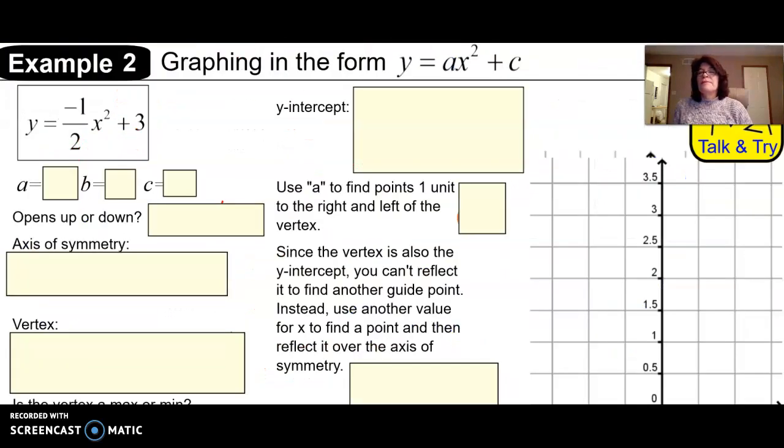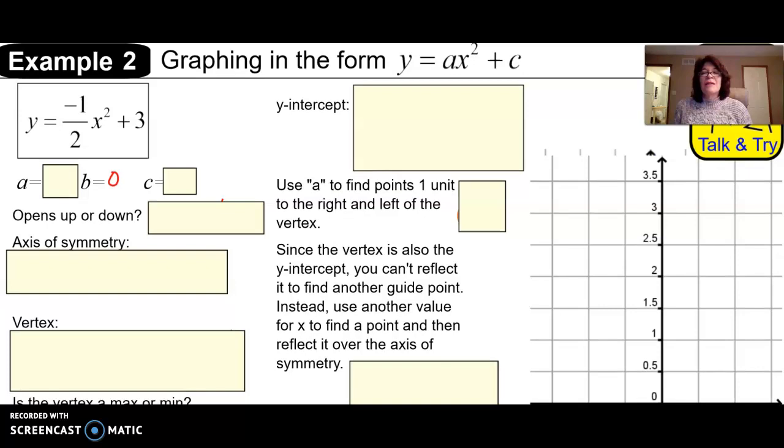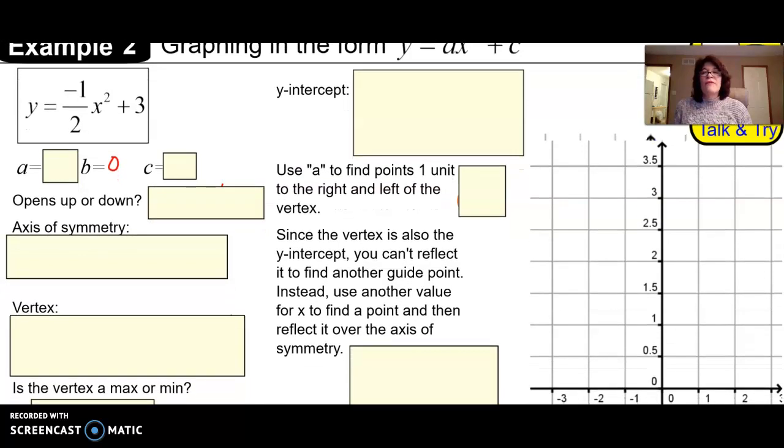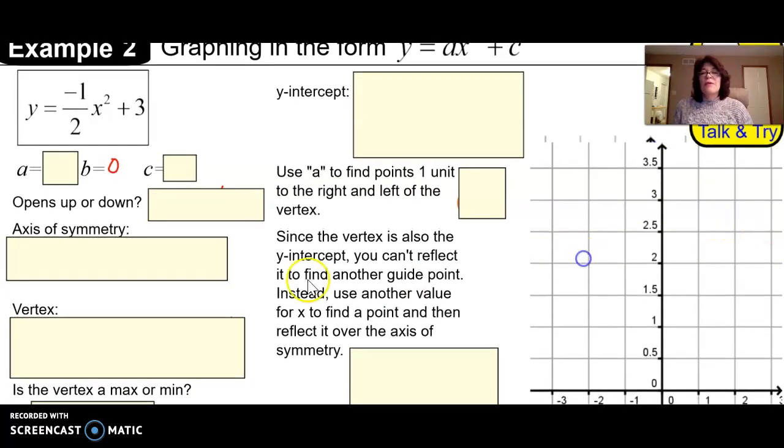All righty. Now, interestingly enough, like we said, when it's ax squared plus c, we realize that b is 0. That means really our axis of symmetry and our vertex is at 0 something. This one's going to open down because that's negative.